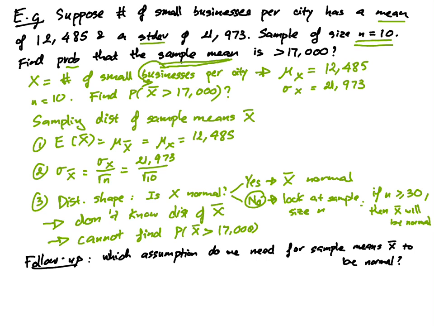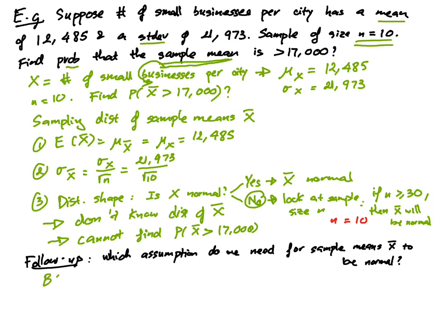So let's go back here, right? We know that our sample size is 10, which is less than 30, right? Because the sample size is less than 30, if x is not normally distributed, then there's no way x bar will be normally distributed. Okay?